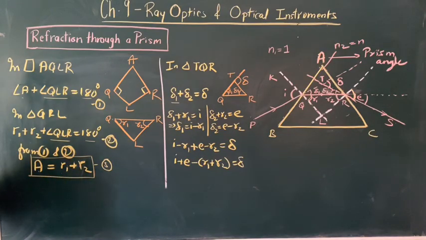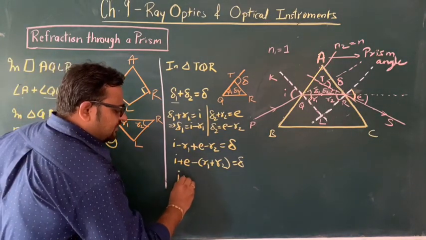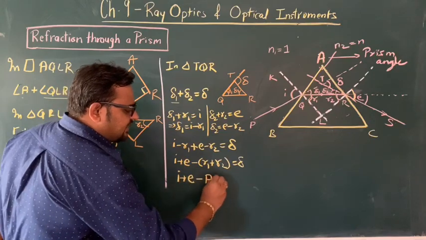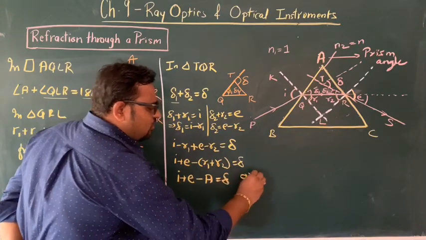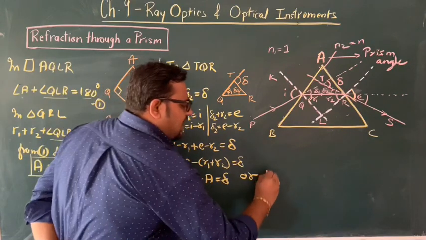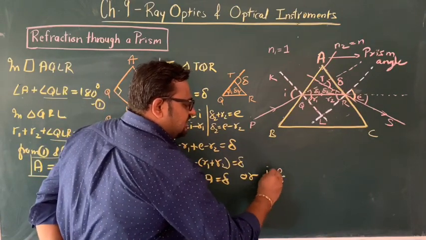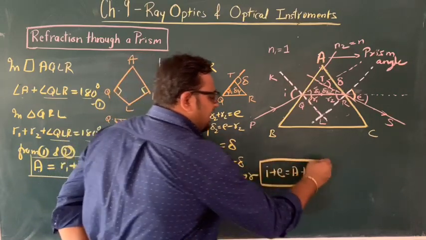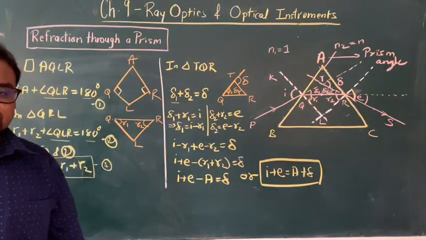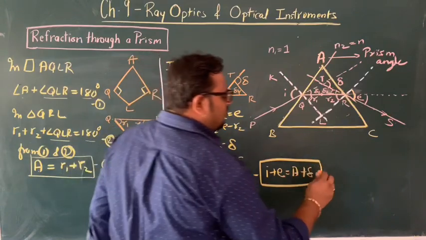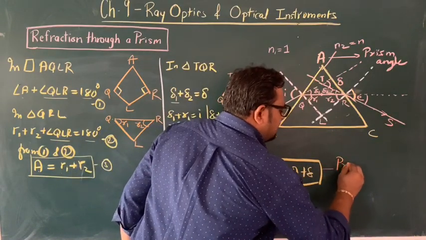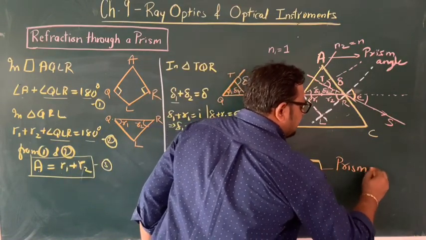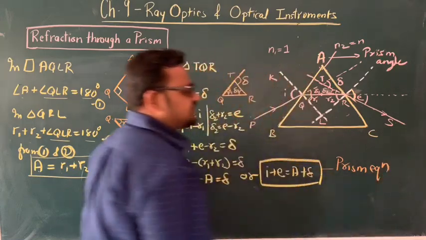Prism angle A. So I plus E minus A equals delta, or I plus E equals A plus delta. Clear? This is the equation of prism, or I can say prism equation.